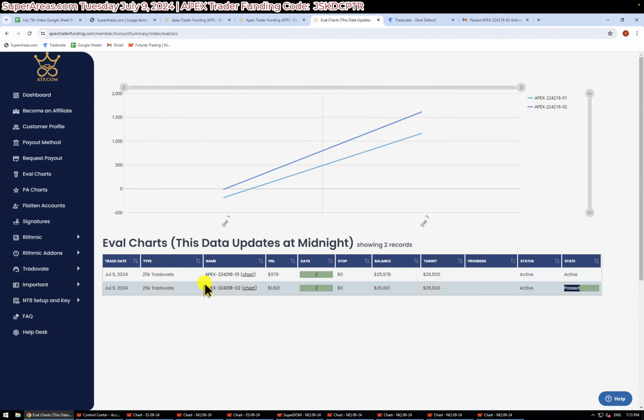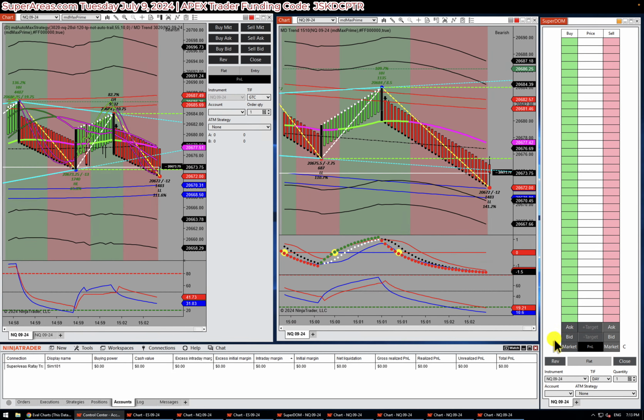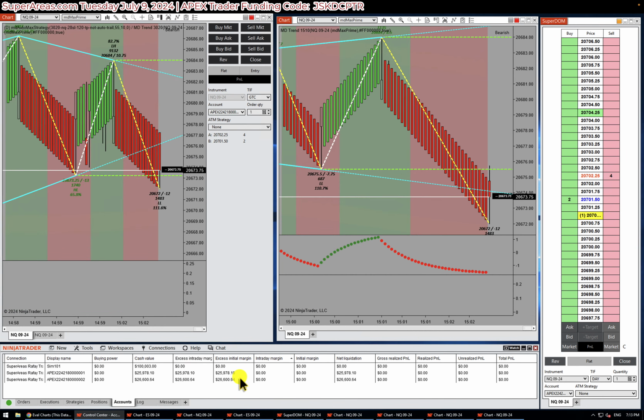Because I've seen some students who neglect this, and they will go into their NinjaTrader and accidentally trade. Let me go and connect here. Right now I have not signed and I have not paid for it. So this is what our software looks like, and if I look at my accounts, I have Apex number 1 and Apex number 2.